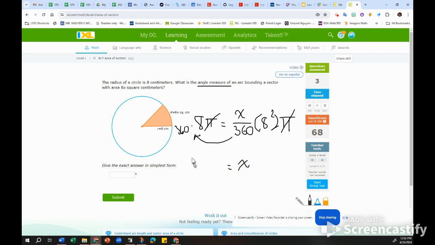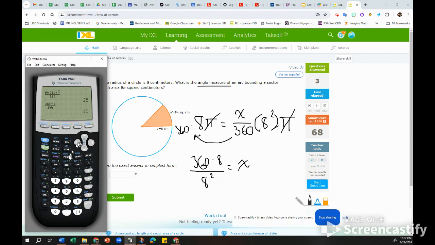So we're going to take 360 times 8 and then divide it by 8 squared. Okay, this 8 comes from this, and this 8 comes from here. Okay, so we're going to type that into our calculator and get the answer for the angle measure.